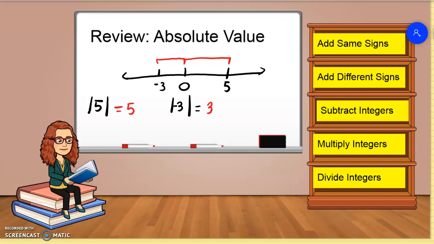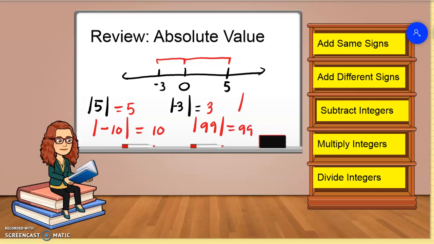So any number, if we are asked for the absolute value, supposing we have the absolute value of -10, the answer is just 10. The absolute value of 99 is just 99.